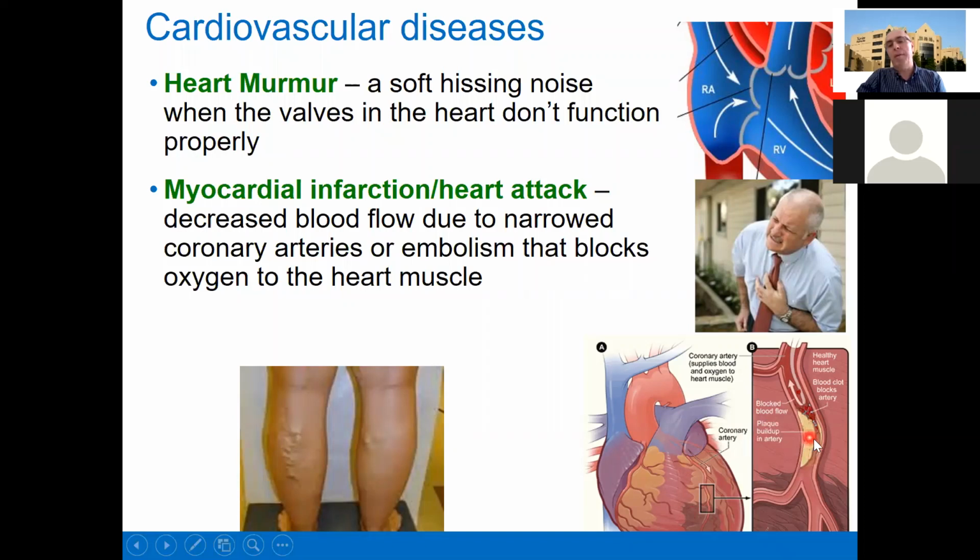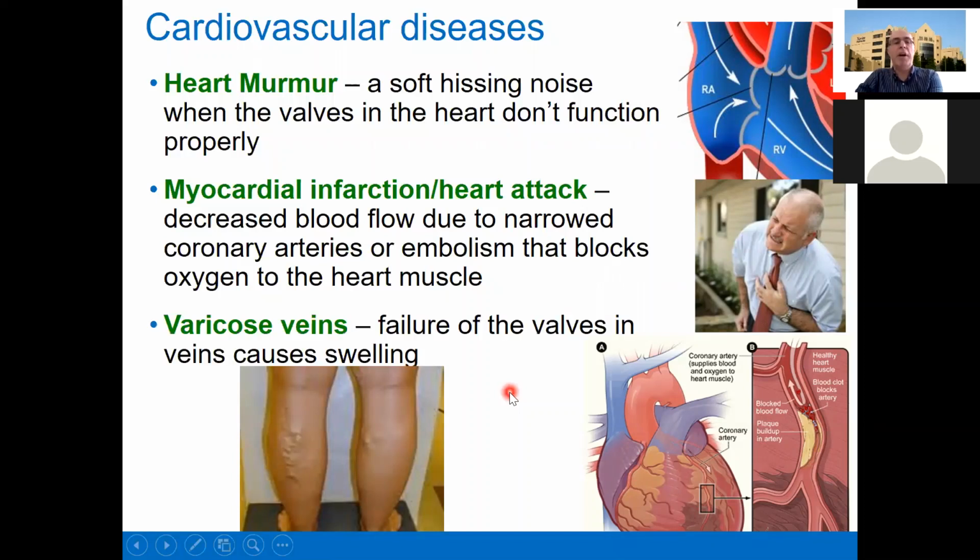Narrowing of the coronary artery, which nourishes our heart muscle, blocks oxygen from getting to the heart muscle, and therefore the heart muscle is damaged, resulting in myocardial infarction.